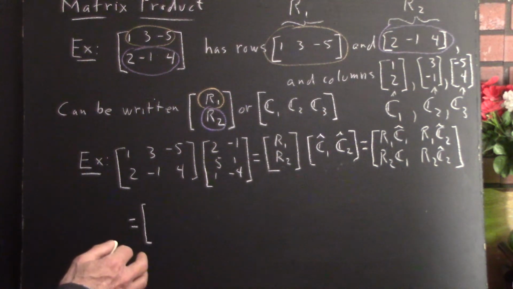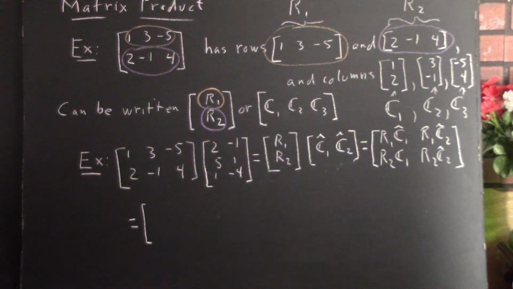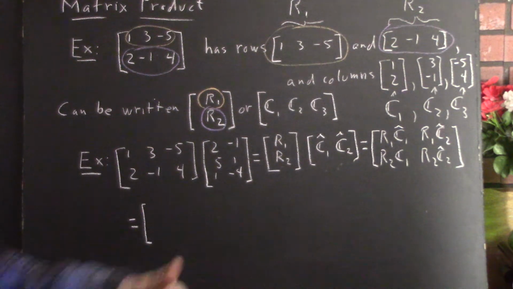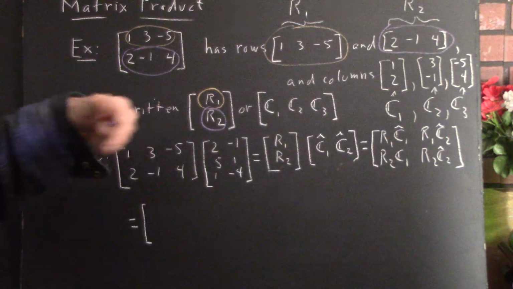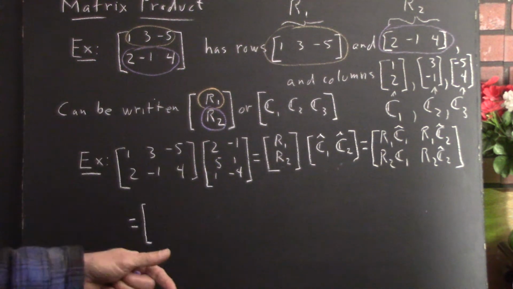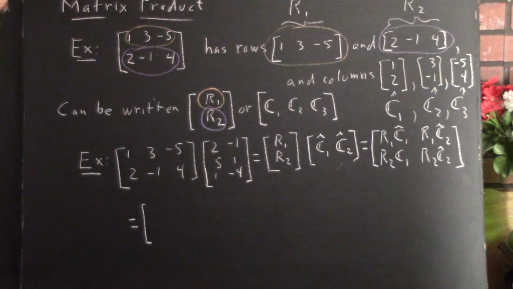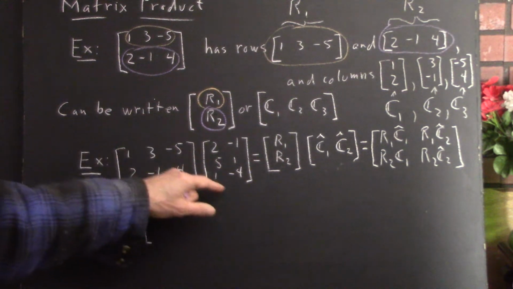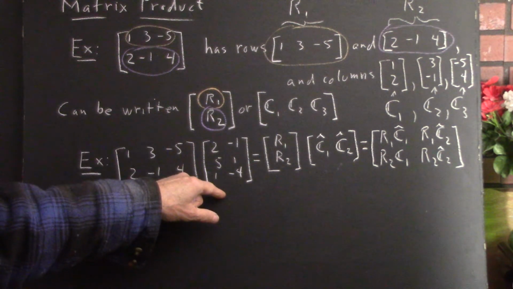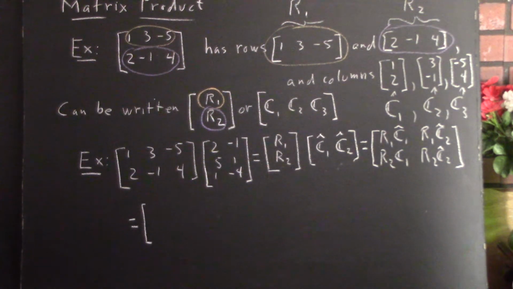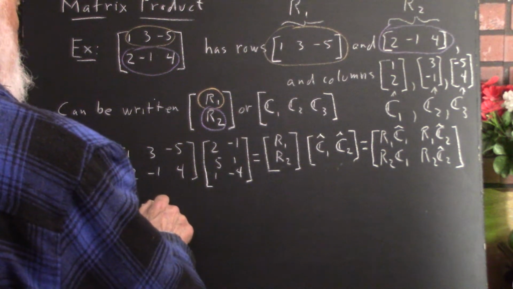I don't want to write all that out just because we don't want to make the video too long, so I'm going to do the arithmetic, but you check me on this. 1 times 2 is 2, I'll bet you I got that right. 3 times 5 is 15, so we're adding these, so we have 2 from here and 15 from here, so our total is 17 so far. And then negative 5 times 1 is negative 5, and 17 minus 5 is 12. Now I'll write out the numbers.